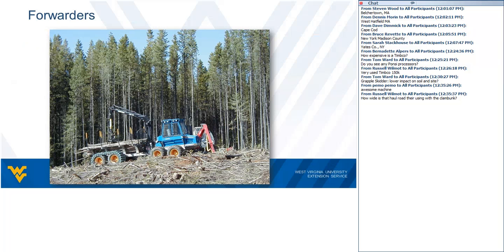Let's see. Forwarders are the last one that I wanted to talk about as far as different types of equipment. Forwarders are kind of a neat machine. You can sort of think of a forwarder as an off-road log truck. And again, these are working in the forest, moving the wood from the stump to the roadside.